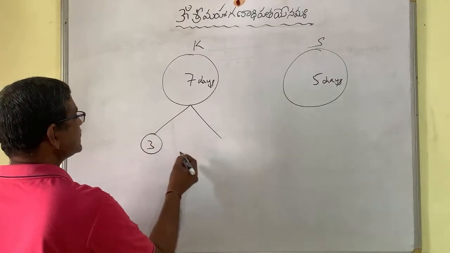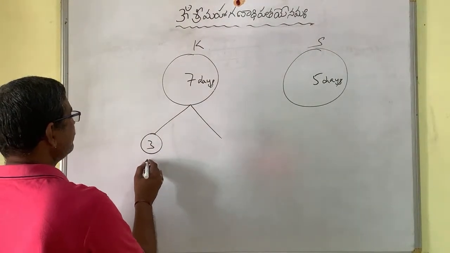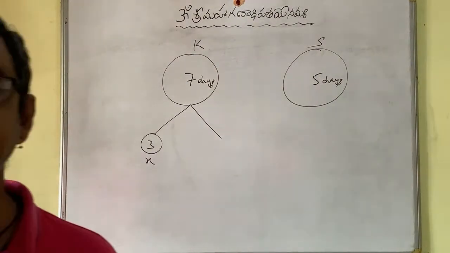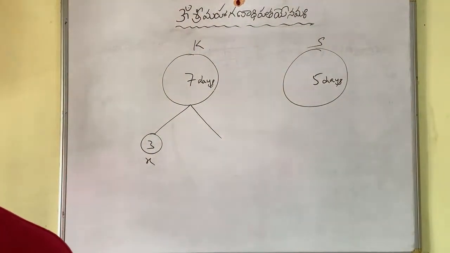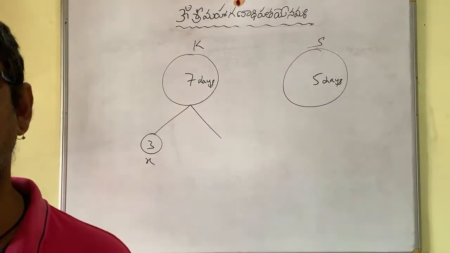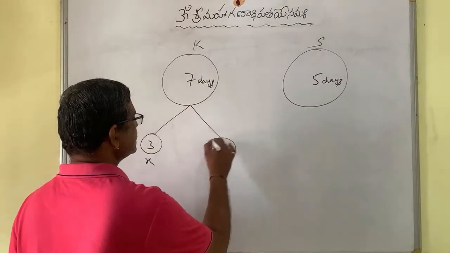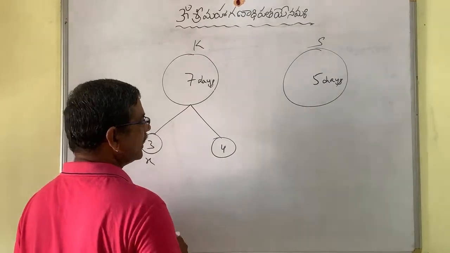For the first 3 days, they will take a fixed charge, that is X rupees. Then the remaining days, remaining is 4, no?